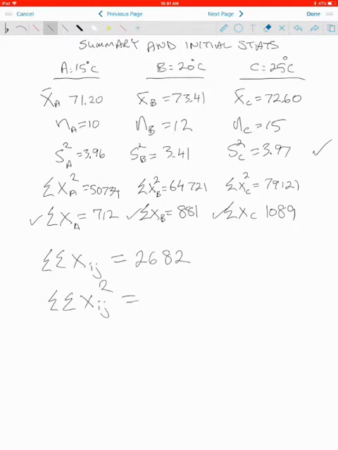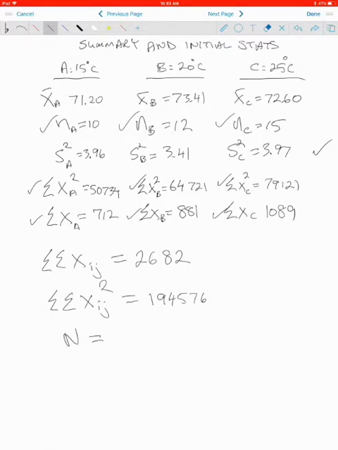I also want the double sum of every observation squared. That's also easy because I have the sum of the squared observations from each of the groups. I'm just going to add those three things together, and I get a large number, 194,576. And finally, we also want the total sample size, big N, which is equal to the sum of the sample sizes.